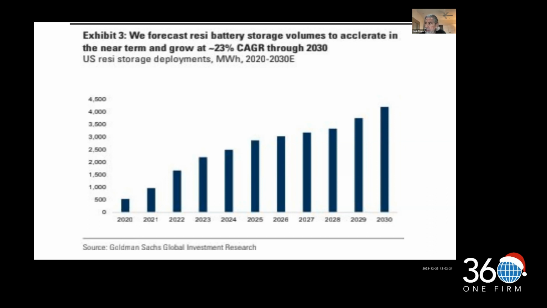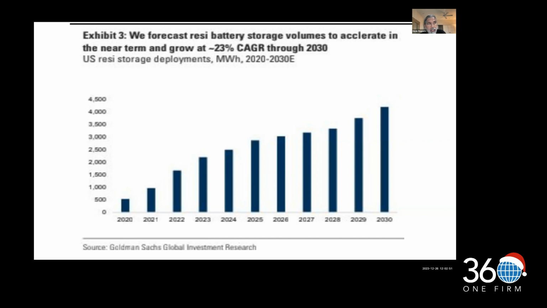Now, the economics of this is that the utility spends 25 cents per kilowatt hour on oil-based electricity. Wind and solar come in at 8 cents. And if you add storage, it's up to 12 cents. That's still half the cost. So the story about wind and solar being a problem can be solved by having storage.